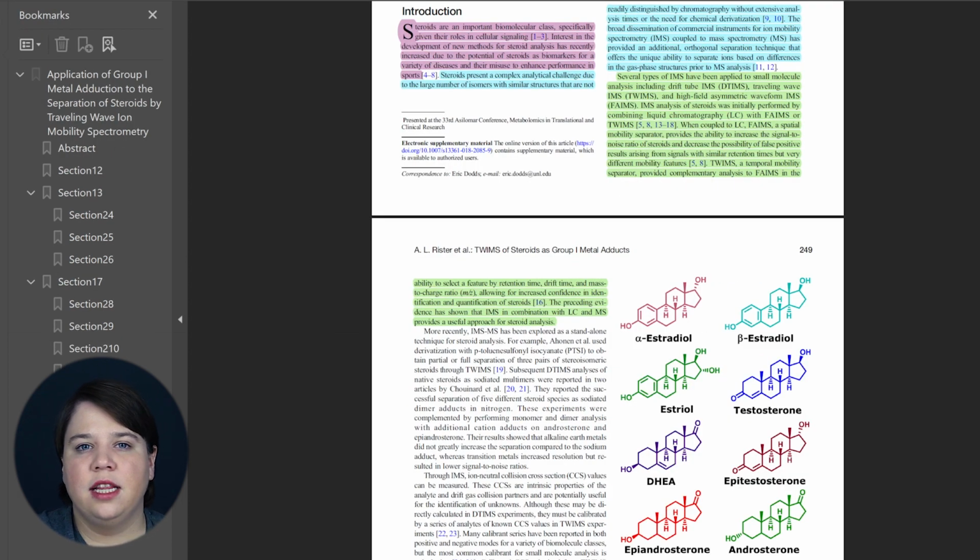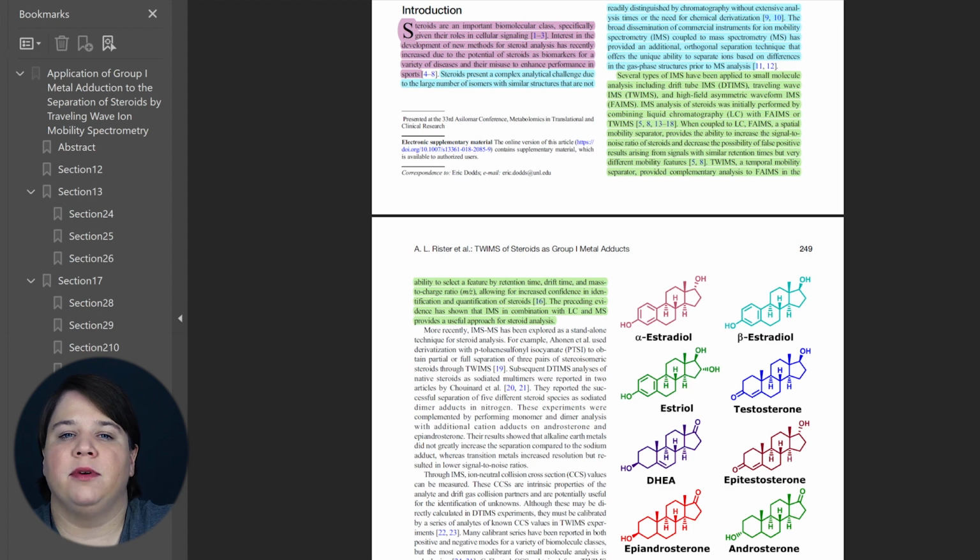The next section that's highlighted in green is all about talking you through what ion mobility is. So now we're going back into that background information. This was specifically sent to a mass spectrometry journal. I didn't dive as deep into steroids because who I'm submitting this paper to isn't as focused on steroids as they are focused on the analytical challenges.